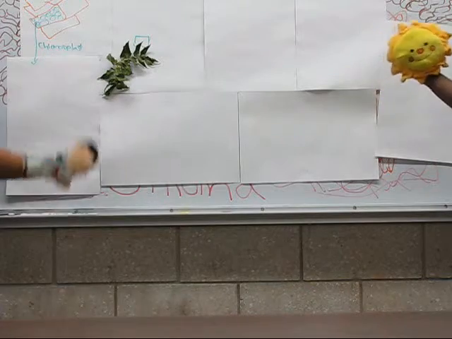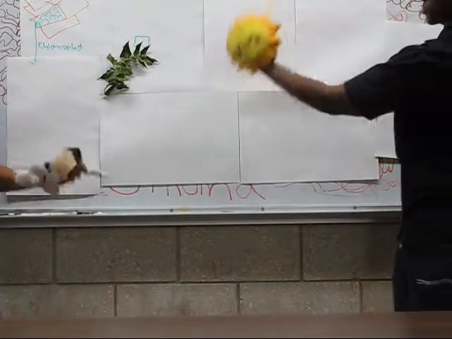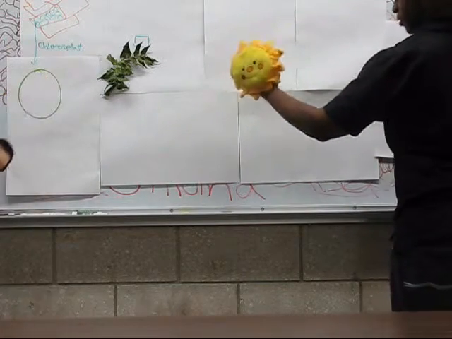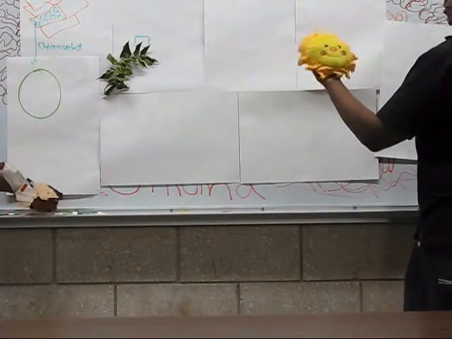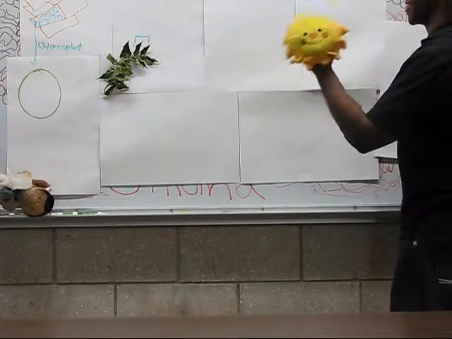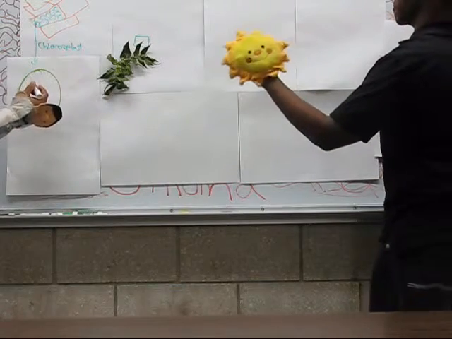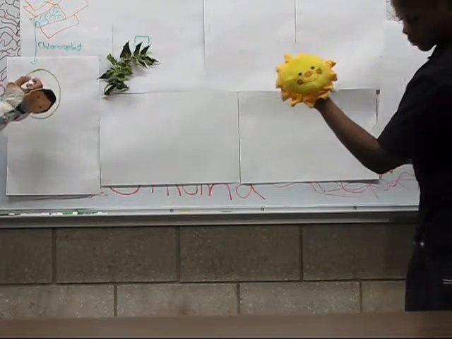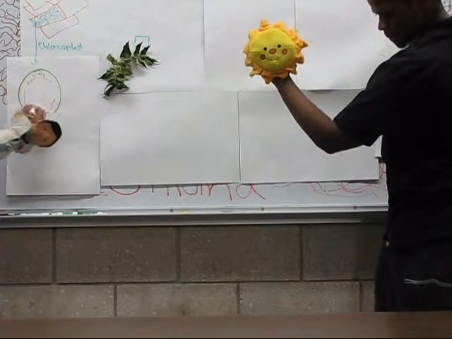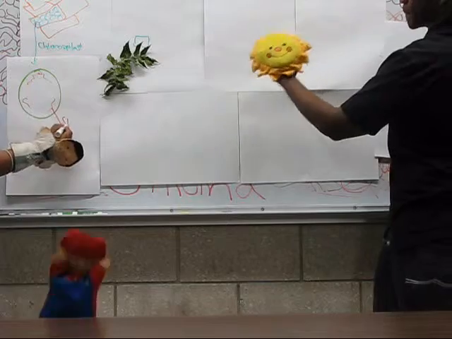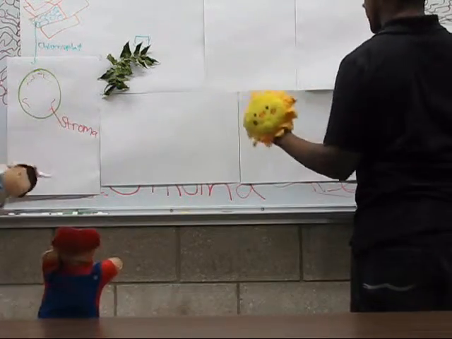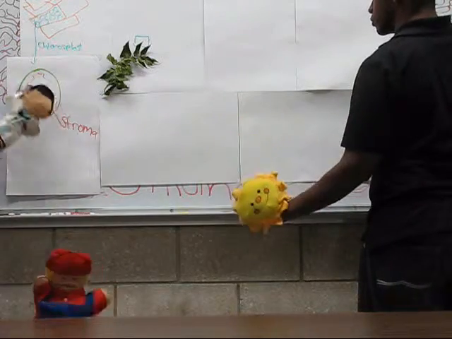This is the chloroplast. When we zoom in more, inside the chloroplast is a liquid, similar to cytoplasm, called the stroma. And floating around in the stroma are stacks of thylakoids.